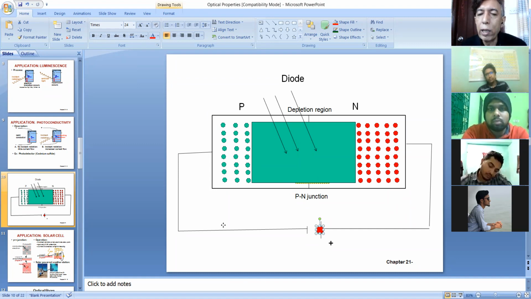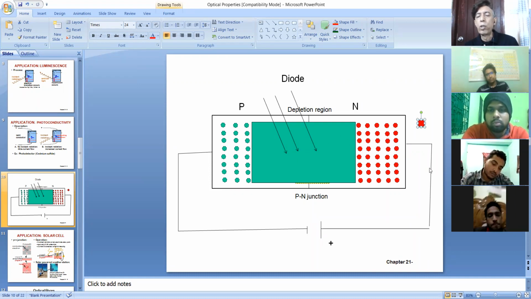If 3 photons fall, you will find 3 electrons which will give you current.